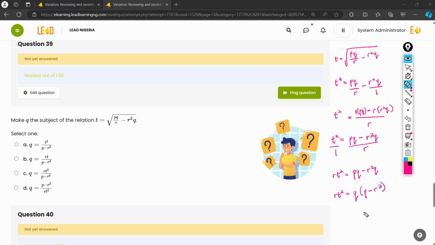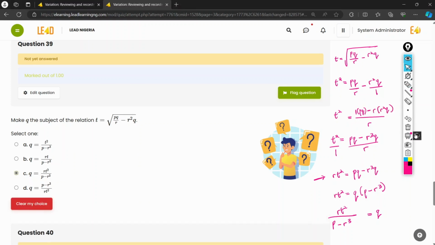So Q at the end of the day will be RT squared over P minus R cube, because I divide both sides by P minus R cube. So the correct option is option C.